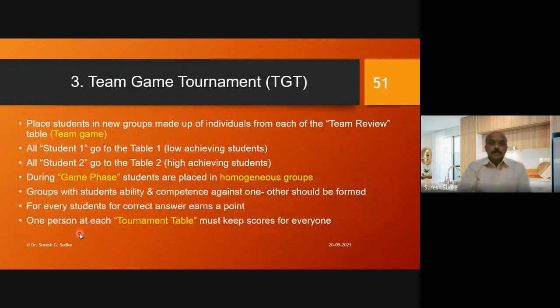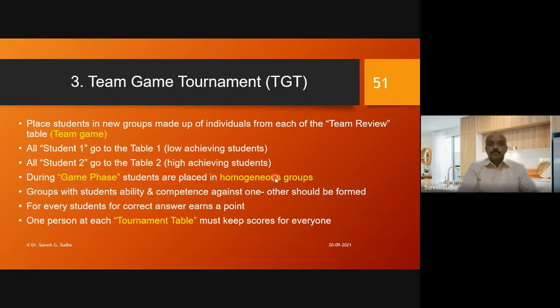So, after phase one in team game tournament, we have to place the individual students in a homogeneous group now. All the student ones are present at table one. Student one means low achieving students, but student two means high achieving students. So this is the game phase.